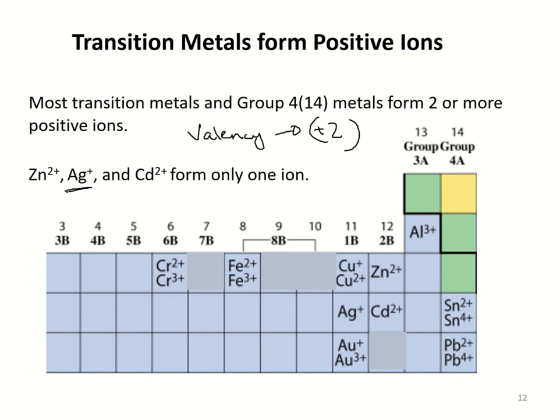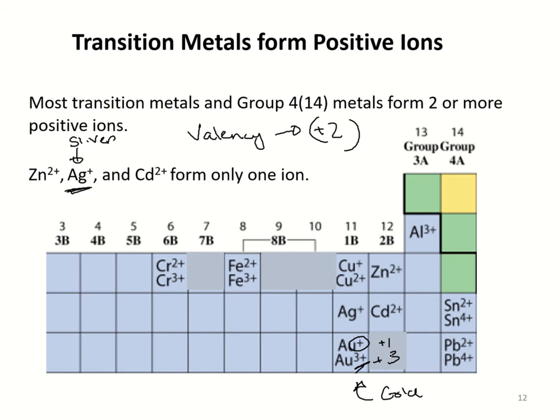There are times, this Ag, which is silver. Silver is always +1. And then we have something like gold, which could be +1 or +3.